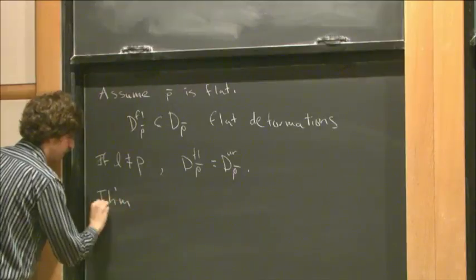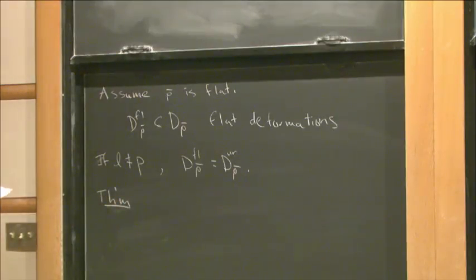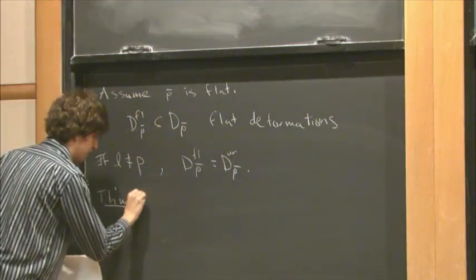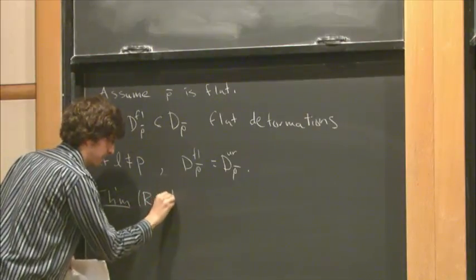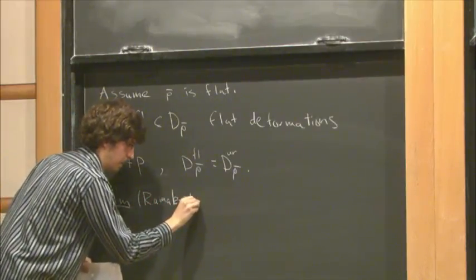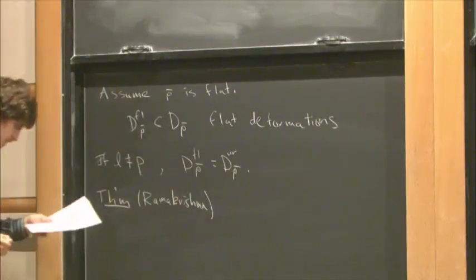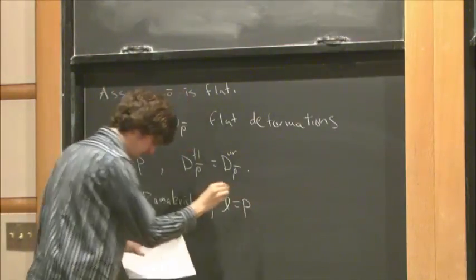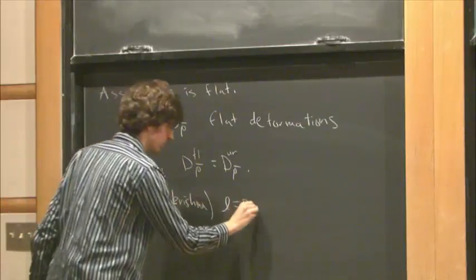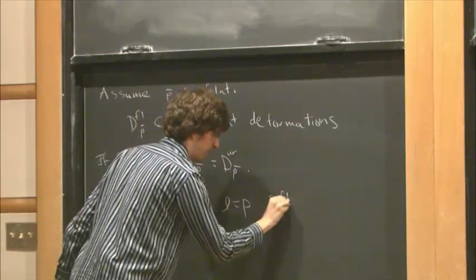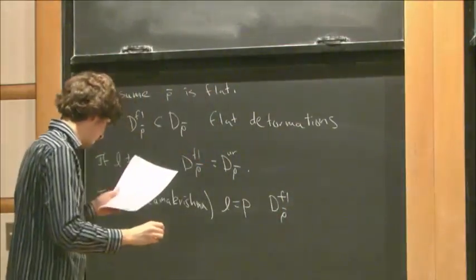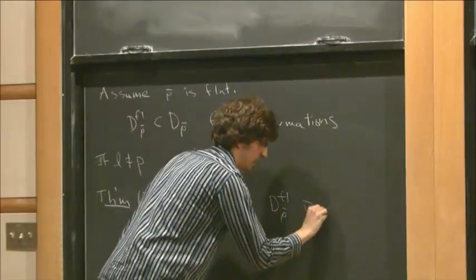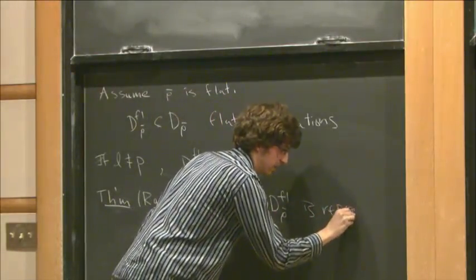But when L is equal to p, it's a much subtler question, and this is the result of Ravi Ramakrishna. So when L equals p, he showed that D flat rho bar is a local condition.